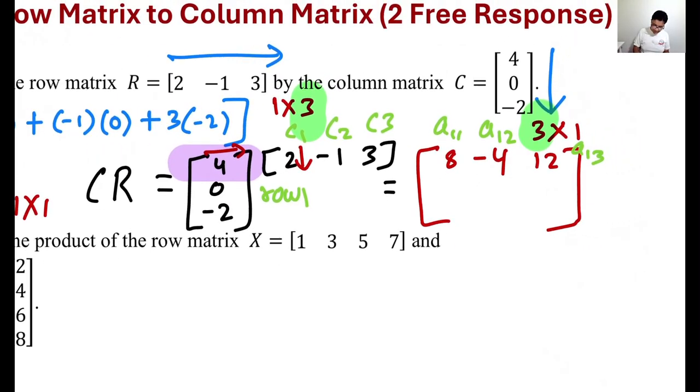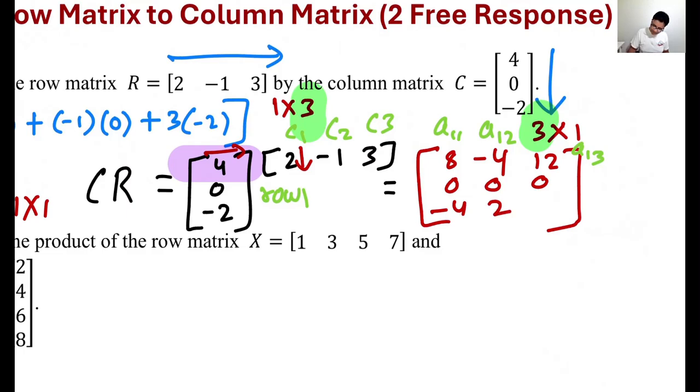Then we are done with that row multiplied to every column. You move to the next row and multiply to every column. As you multiply with 0, 0 times 2 is 0, 0 times negative 1 is 0, 0 times 3 is 0. And negative 2 times 2 is negative 4, negative 2 times negative 1 is 2, negative 2 times 3 is negative 6.